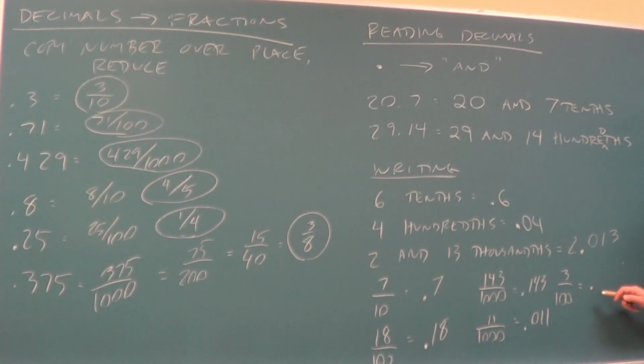Then the last one of the day, 3 hundredths. 0.3. Close. Do the point, and then 3 needs to go into the hundredths. Where will the hundredths fall?